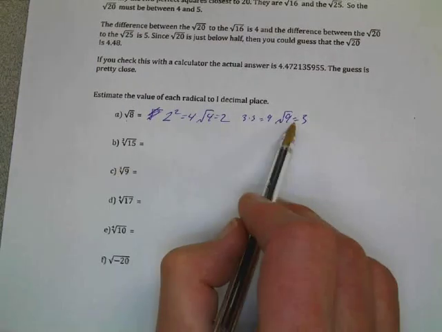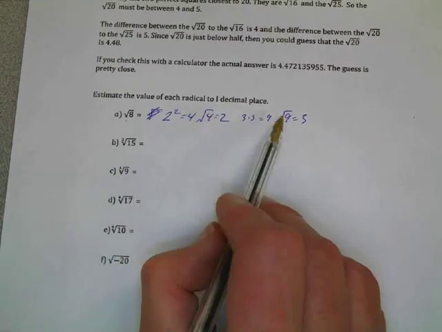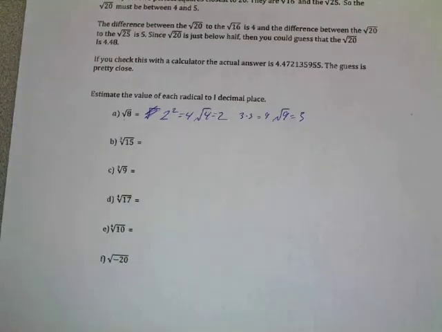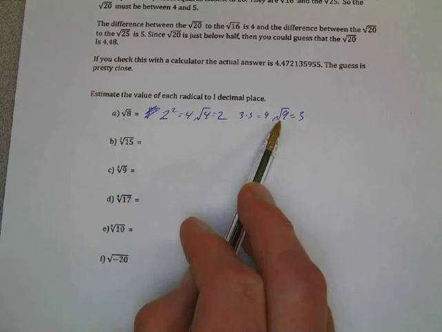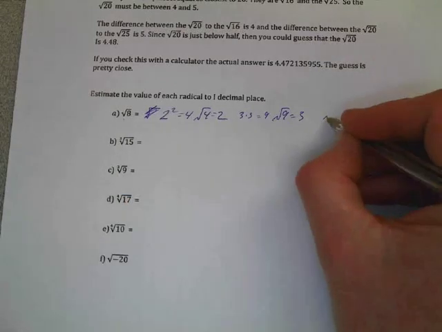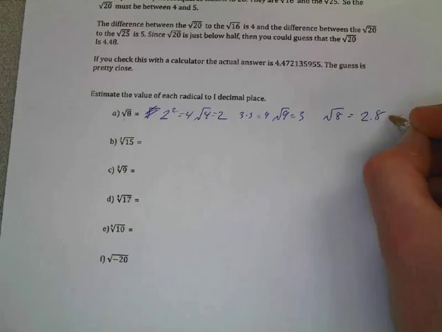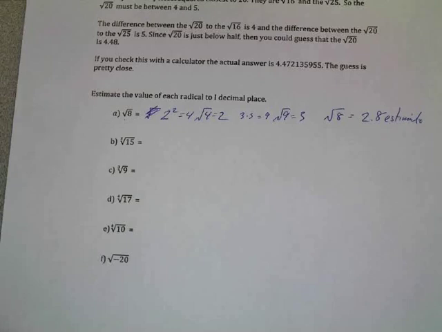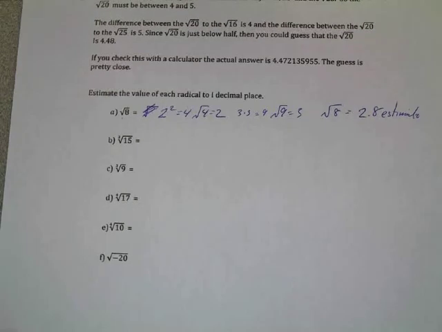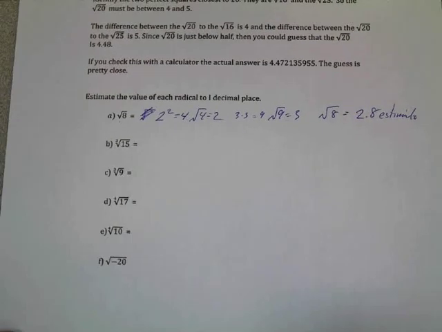So 8 is somewhere in between the square root of 4 and the square root of 9. 8 is closer to the square root of 9, so I would say the square root of 8 is close to being 2.8. So this is an estimate. I'm just estimating. I'm taking a guess on how it looks. It doesn't have to be exact if I do not have access to that calculator.